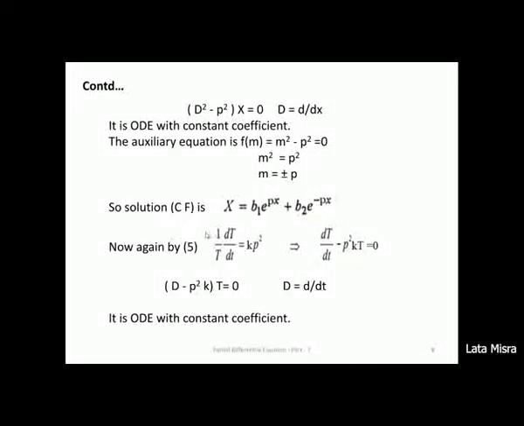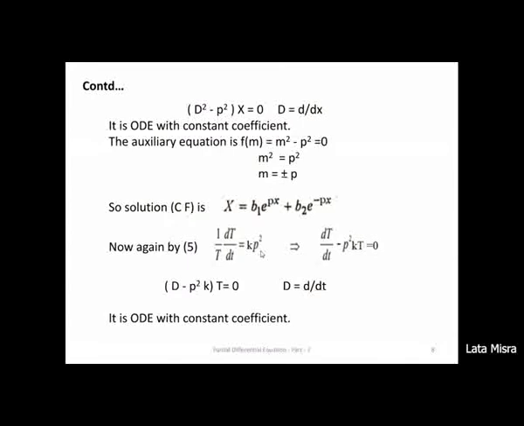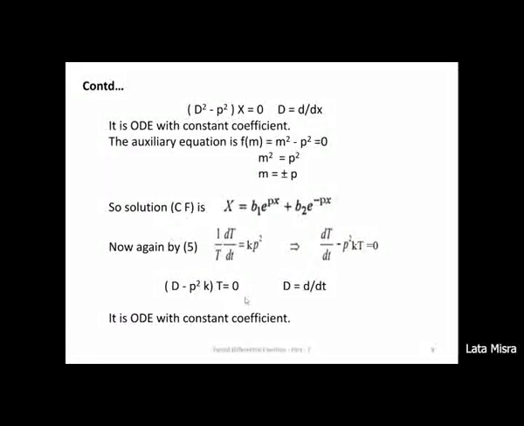Now the next equation is 1/T dT/dt equals kp², and we write the equation as dT/dt minus p²kT equal to 0. Here we replace D equals d/dt, so we have (D minus p²k)T equals 0.